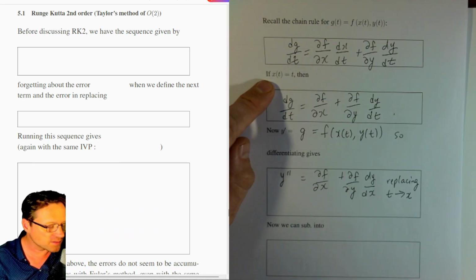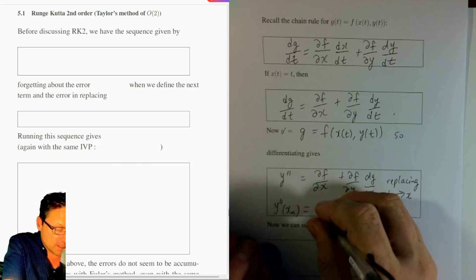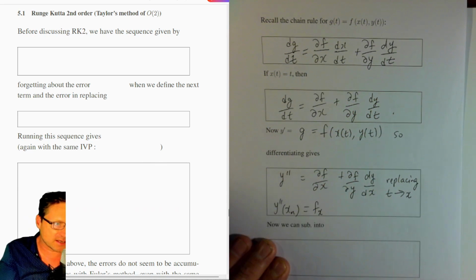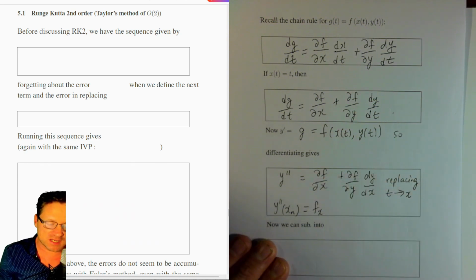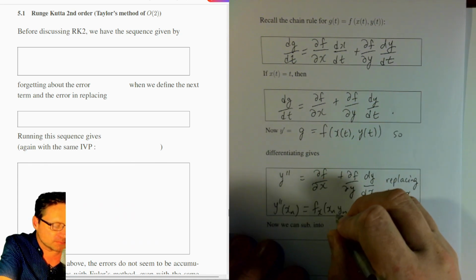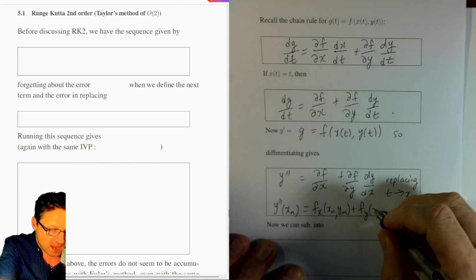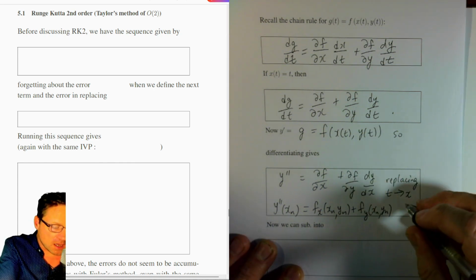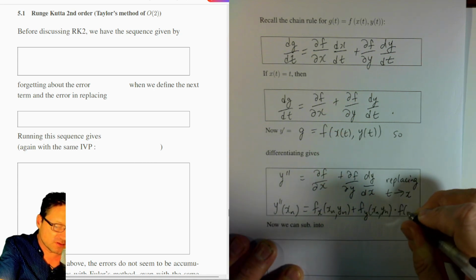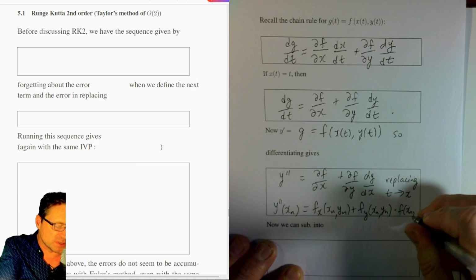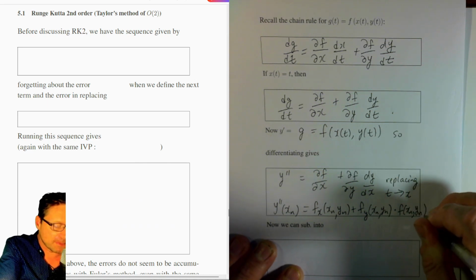So y''(x_n) is f_x at (x_n, y_n) plus f_y at (x_n, y_n) times dy/dx, and remember dy/dx is f of x and y, so this will be f(x_n, y_n).